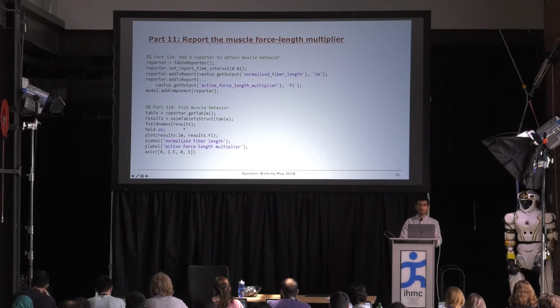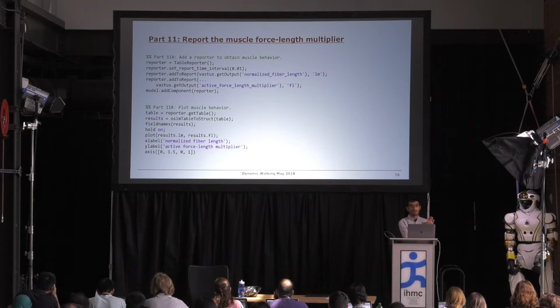We'll display the field names in that struct. The field names in that struct are basically the time and then the columns you specified earlier. So that struct will have fields LM and FL, and we're going to plot those two. So we're going to see a snippet of the force length curve, the portion of the force length curve that this muscle goes through during the knee reflex simulation.